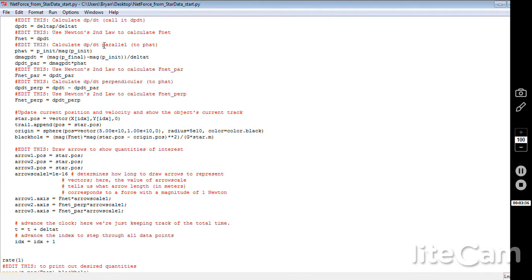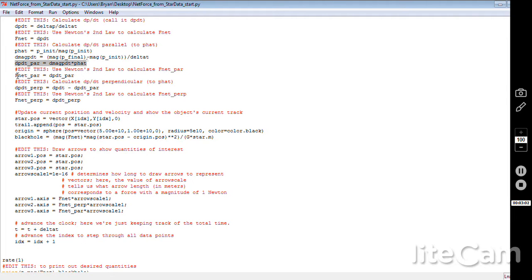This line of code is calculating dP dt parallel, the parallel component of dP dt. We use p hat, the direction of the momentum, which is calculated by the initial momentum divided by the magnitude of the initial momentum. The magnitude of dP dt is equal to the magnitude of the change in momentum divided by delta t, and dP dt parallel is equal to the magnitude of dP dt times the direction vector p hat.